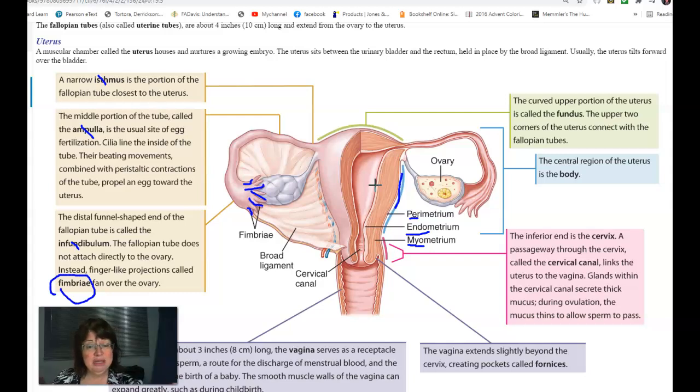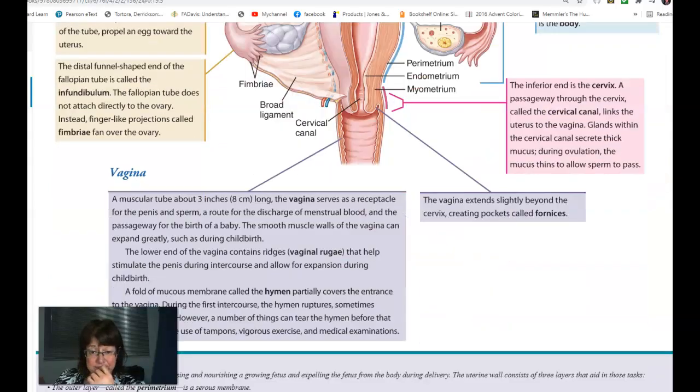There are smooth muscle walls of the vagina, and these can expand greatly during childbirth and also can be stimulated during arousal. The inferior end is the cervix, and this is sort of the end that closes it off, and we'll look at that in another part later. Okay, so that's what you need to know in terms of the internal genitalia.